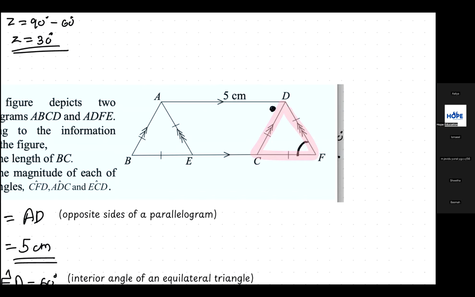The sum of opposite interior angles equals the exterior angle. But there's no exterior angle here, right? Which one is the exterior angle? ADC is not an exterior angle.